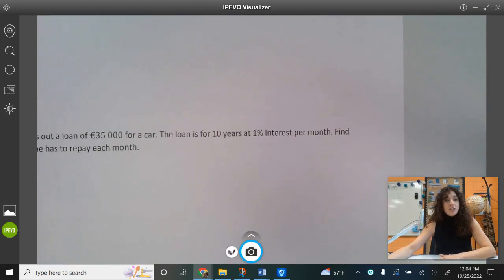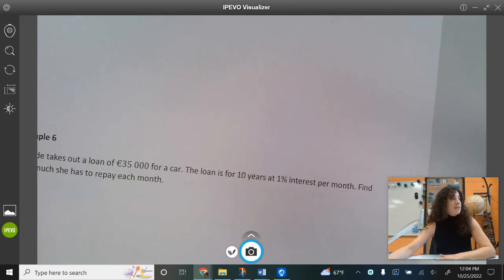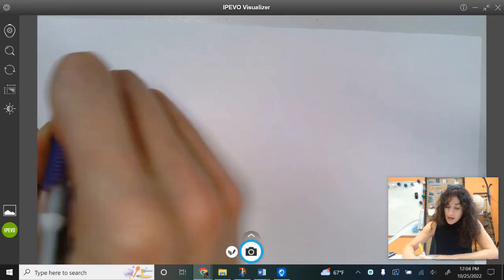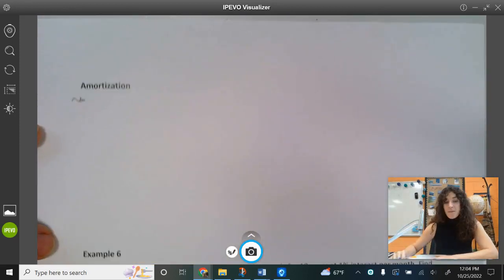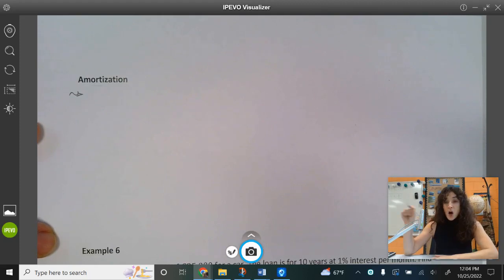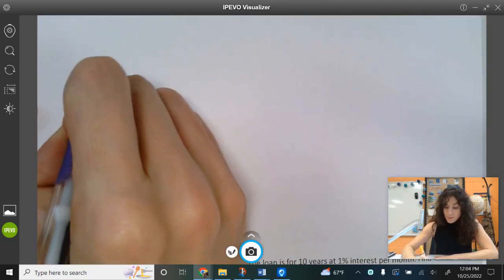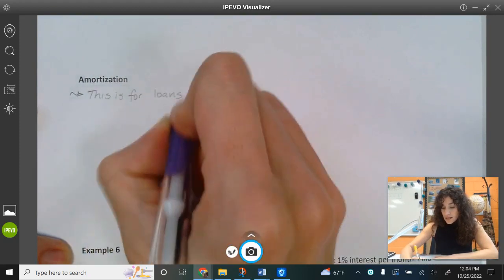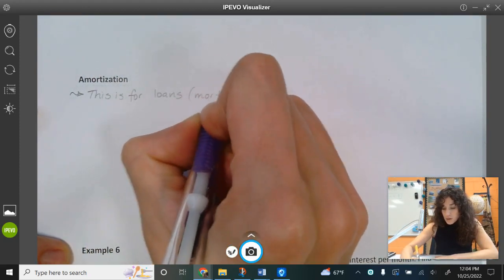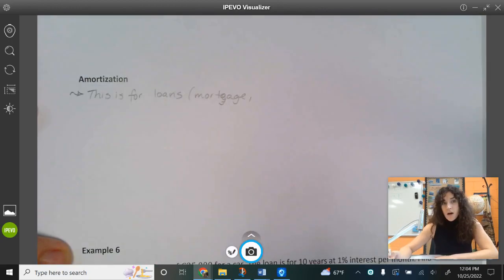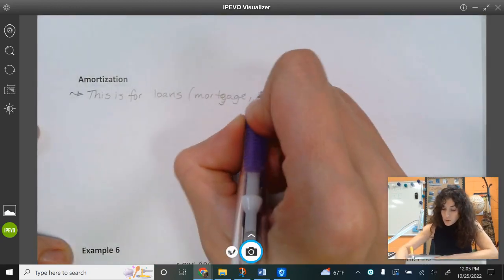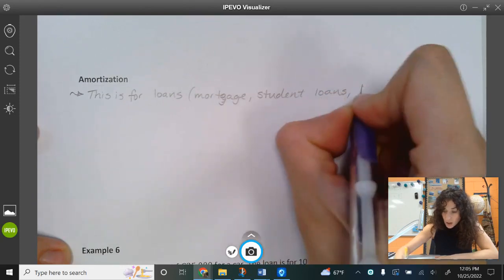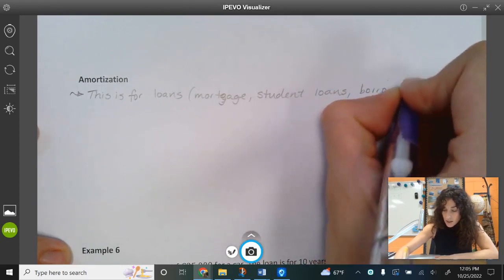So then an amortization is still this idea of payments, but instead of a payment of saving money, this is a payment of paying off money. This is for loans, like a mortgage or student loans, borrowed money.